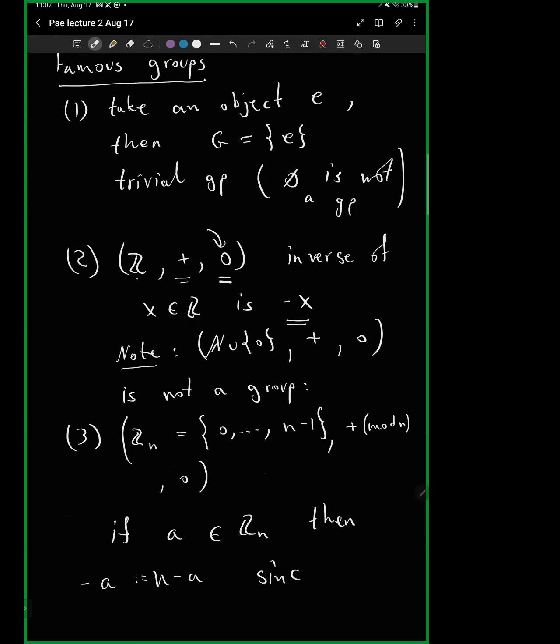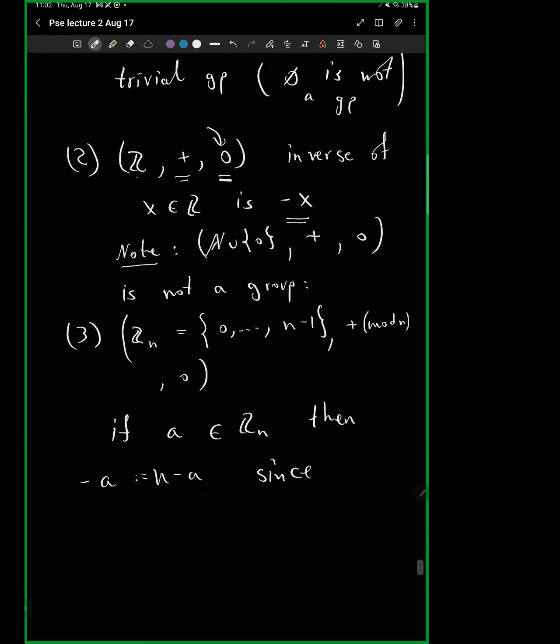Since if you take the binary operation and you apply it on A and n minus A, you get, well, n mod n, which is equal to 0. So n minus A is the inverse of A.